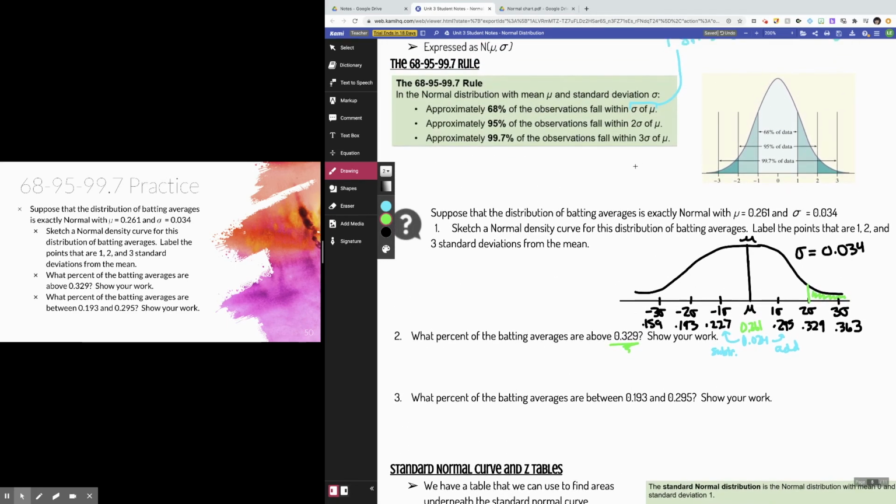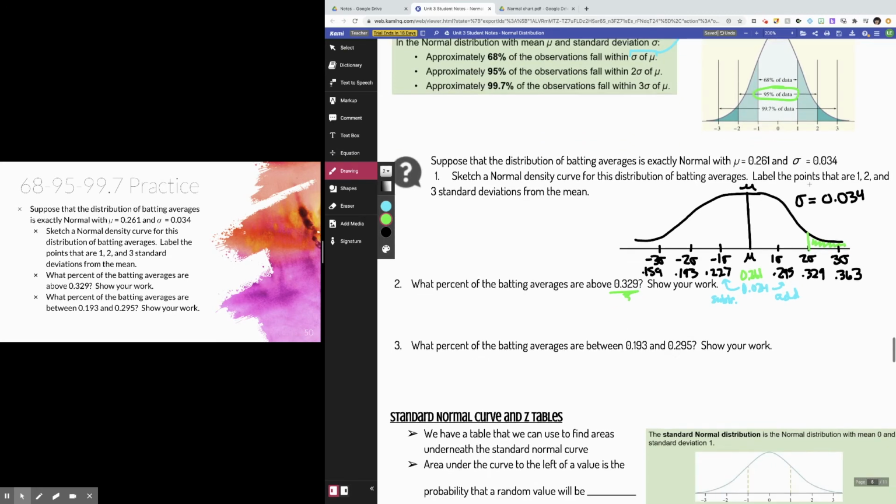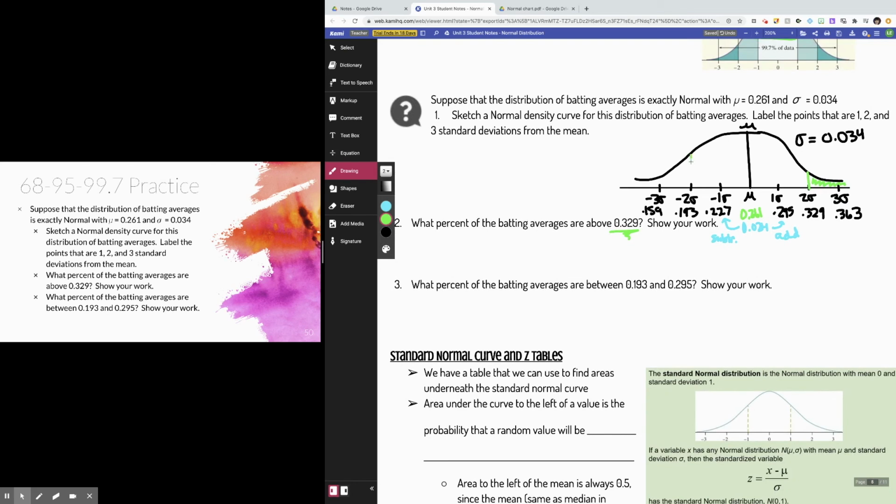So according to my data, and according to my rule, 95% of my data is here between -2 and +2 standard deviations.